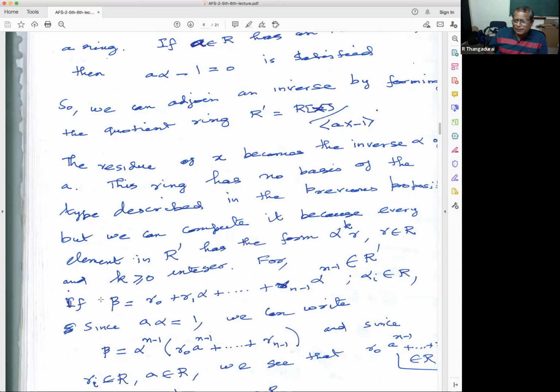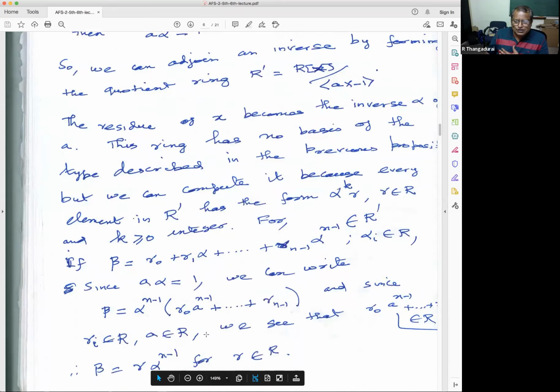We get r naught times a to the n minus 1, plus and so on, plus r n minus 1 times alpha to the n minus 1 times a to the n minus 1, which is 1, and then 1 over a to the n minus 1 is the same as alpha to the n minus 1.